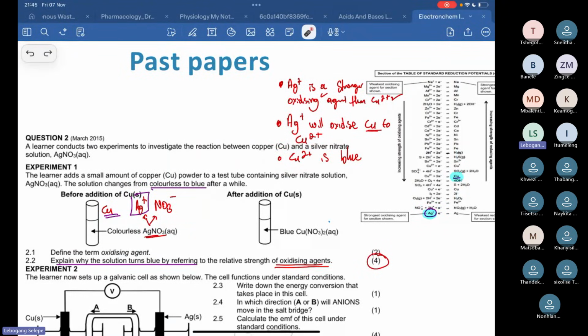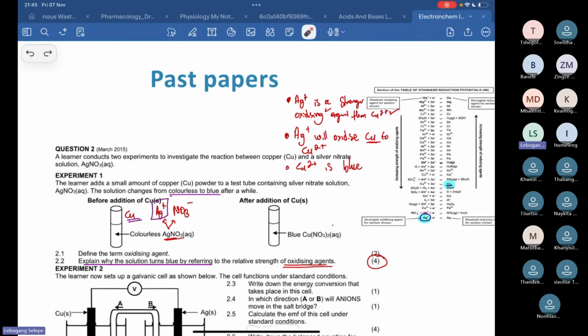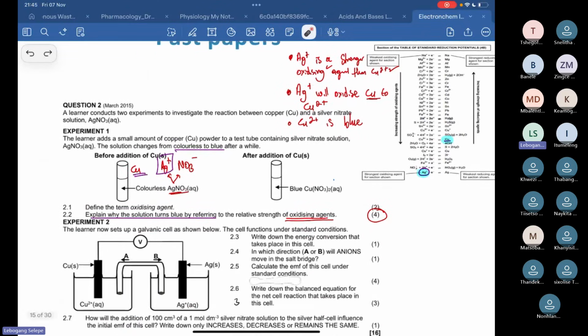But the fact that copper 2 plus ions are blue is a must to know, guys. I'm not expecting you to know others, but let's say they say that the solution turned green or something. Just think of the positive ions. The positive ions are what cause the colors, right? So yeah, that's how you'd explain that one.